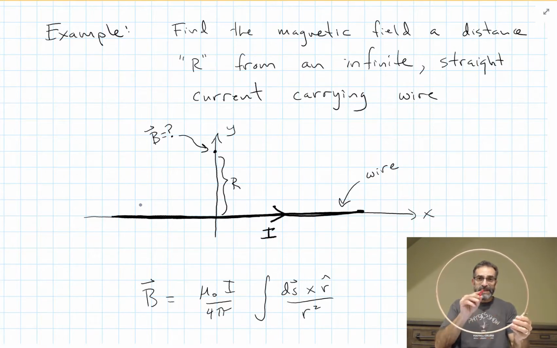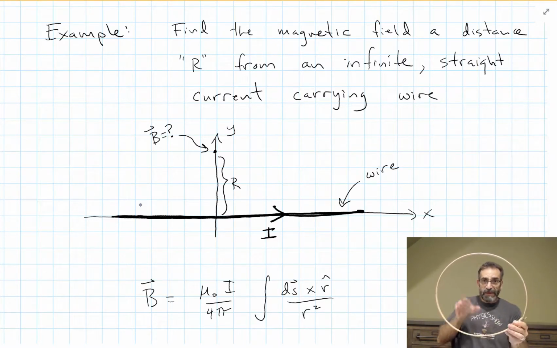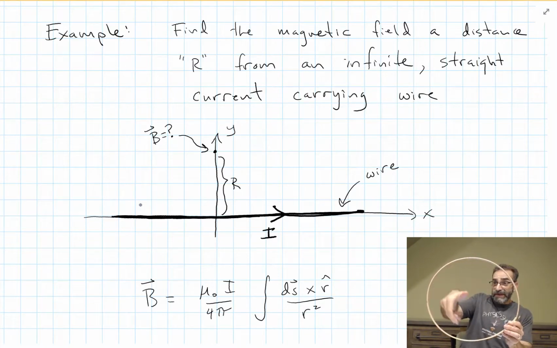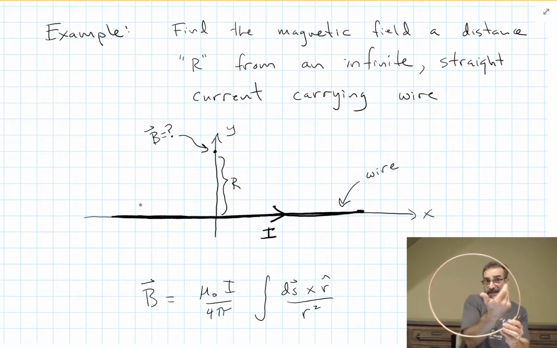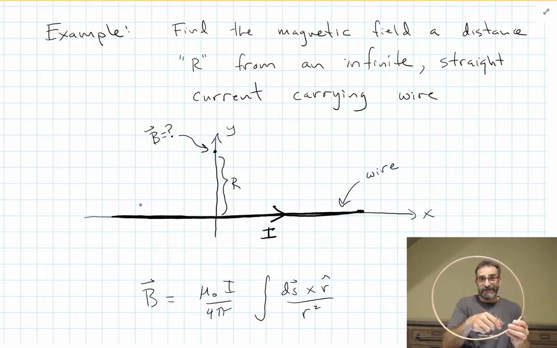The question is, what direction is this magnetic field? Is it clockwise or counterclockwise? Well, if the current is flowing toward the camera, I put my thumb along the wire in the direction of the current, and my fingers are going to roll this direction, counterclockwise from the camera's view.